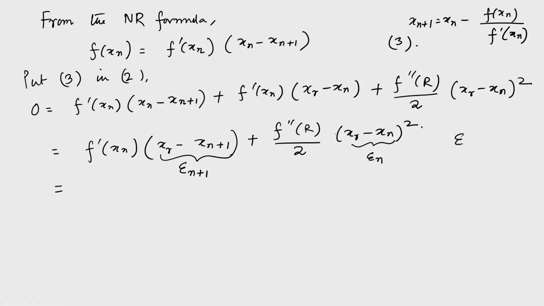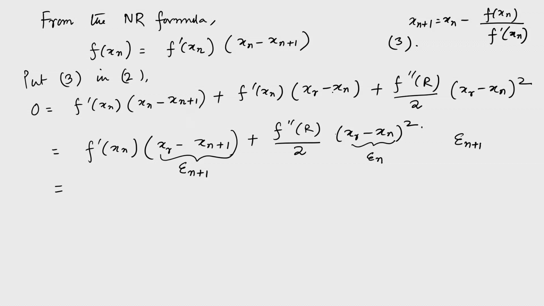It is very intentional to keep these, because these are extremely small quantities, and in order to find a relationship between the error at the nth level and the n plus 1th level, we have taken these things.